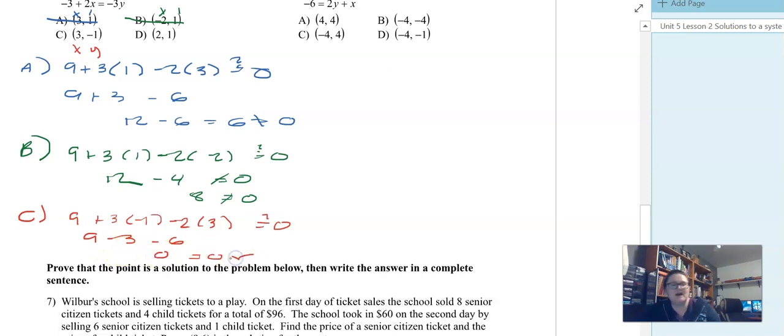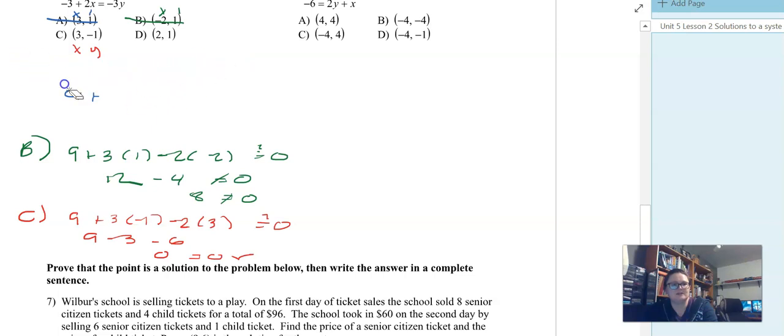So we know that that point works for the top equation. And I am now out of room on my paper. So I'm going to erase my work for A because we know that didn't work. And hopefully you've already got it written down somewhere. And we'll do C number 2 right here.